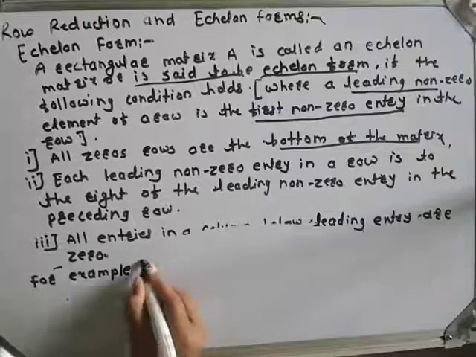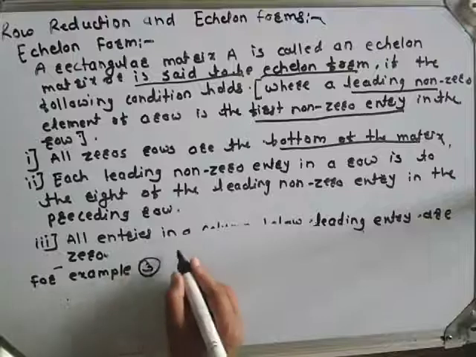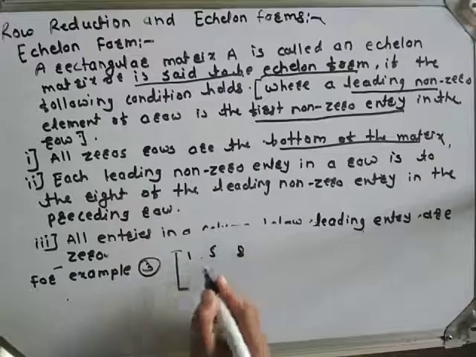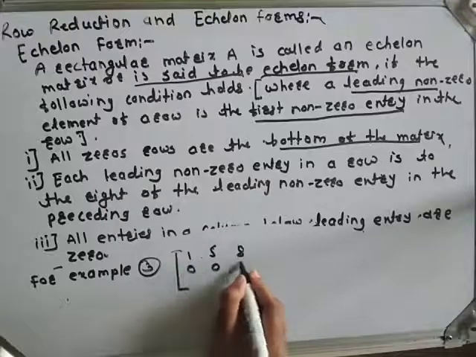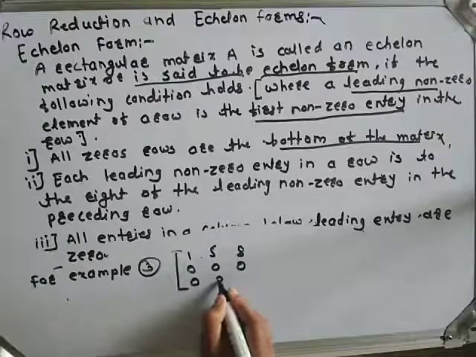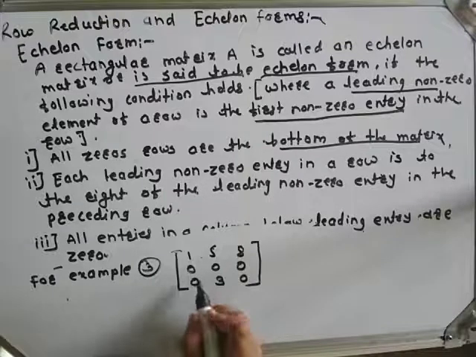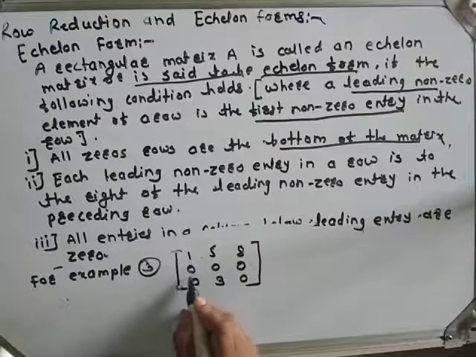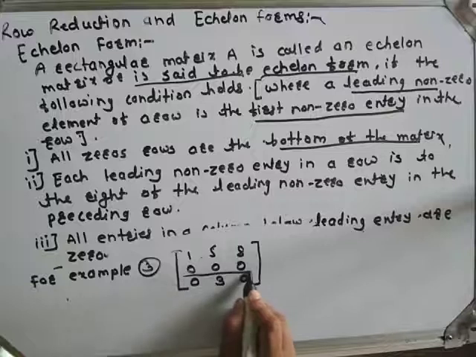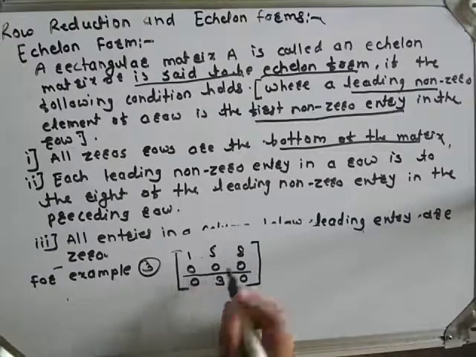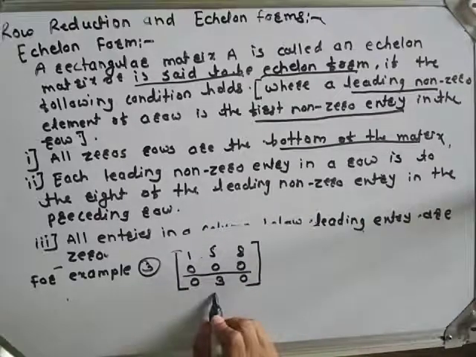Let us see example number 3. Matrix 1 5 8, 0 0 0, 0 3 0. Here, the second row is a zero row, and this row is not at the bottom of the matrix.